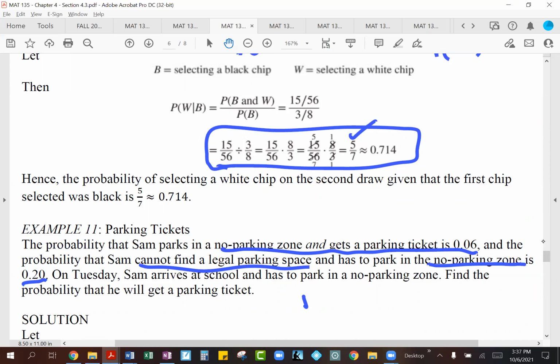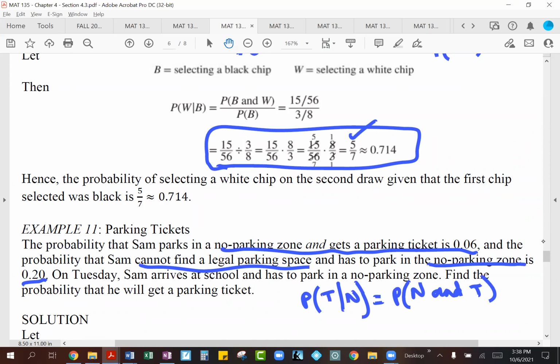So in this case, we are saying the probability that he will get a ticket when he parks in a no parking zone. So again, you're finding that conditional probability. So again, you will have to do this as parking in the no parking zone and getting a ticket.